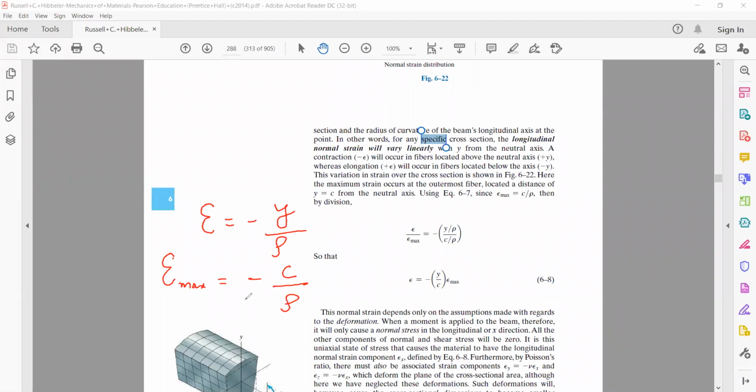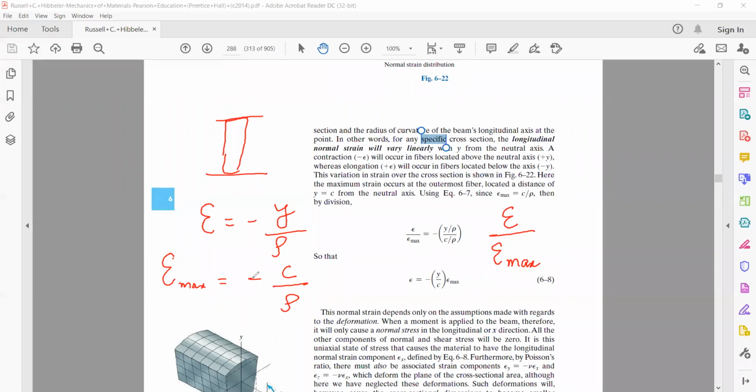Okay, so from here I can write, if I divide strain by maximum strain. Since maximum strain is at the surface of the beam, it's at the bottom surface of the beam. At the top it's compressive, and at the bottom it is tensile. Let me take the bottom into consideration.